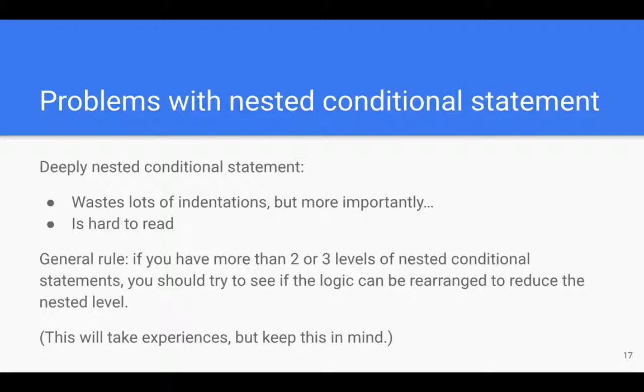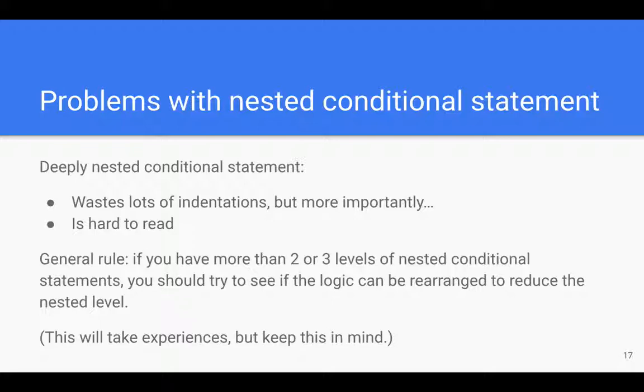So the general rule is that if you have more than two, maybe sometimes even three, but I really think most of the time two levels of nested conditional is probably as far as you can go. Sometimes three. But if you go any more than that, you really should try to see if you can rearrange your logic such that you can reduce the level of nested conditional statements.